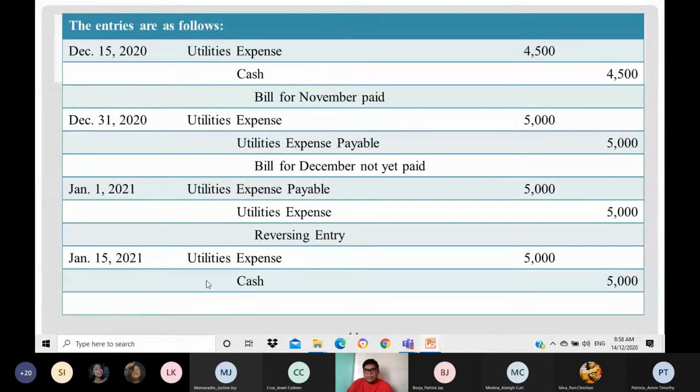So, dito lumalabas yung usefulness ng reversing entries. So, utilities expense mo, you have to debit it, 5,000. Kailangan magbayad ka na ng bill mo. And the cash, bayad ka. So, credited as 5,000.